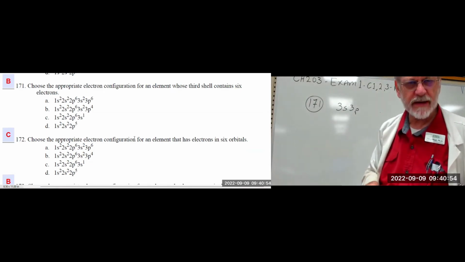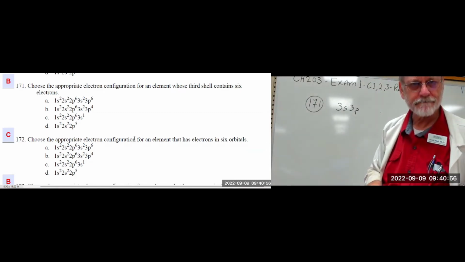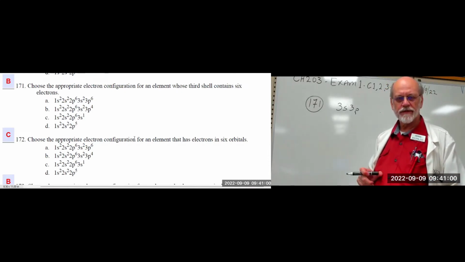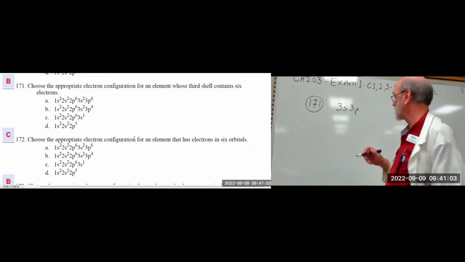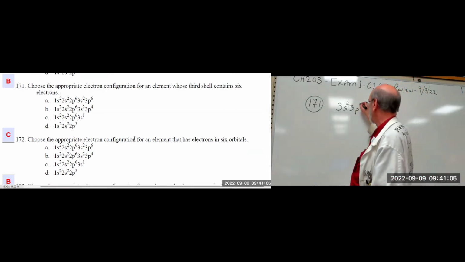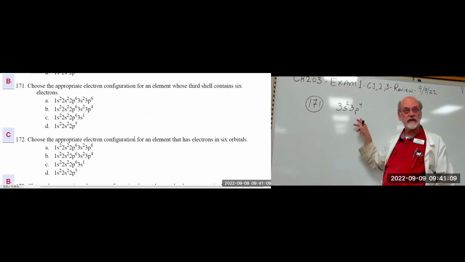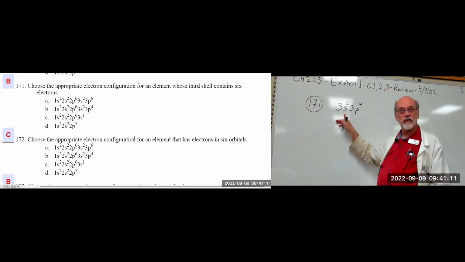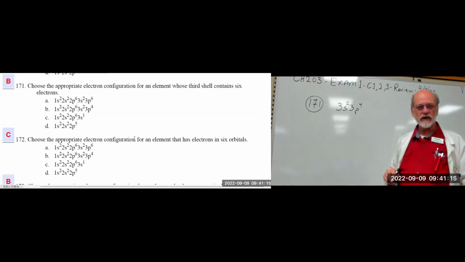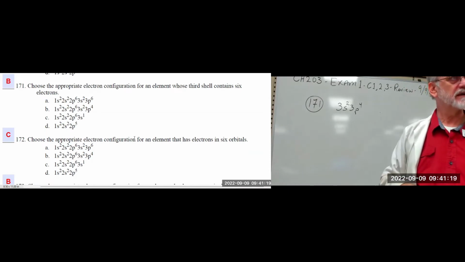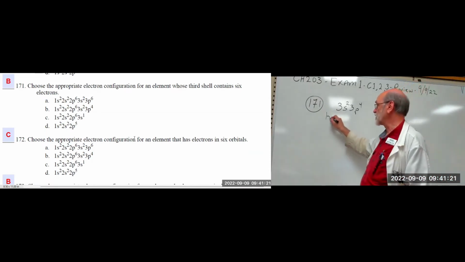So which one matches that? Third shell contains 6 electrons. Remember, they fill from the lower energy to the higher energy. So we have to put 2 here before we can go to the next one. Right, so that's 6. Which one has 3s2 and 3p4? B. B answers that one.